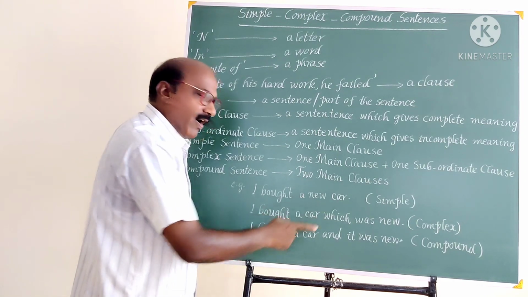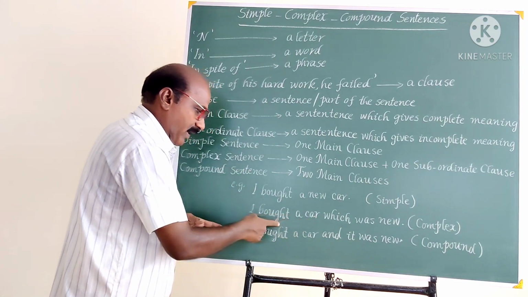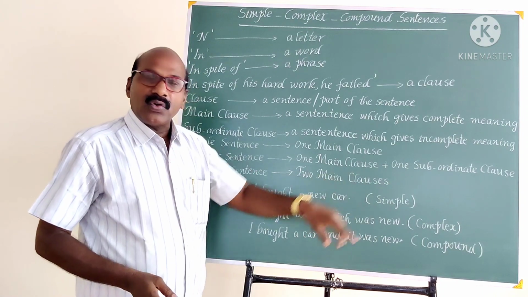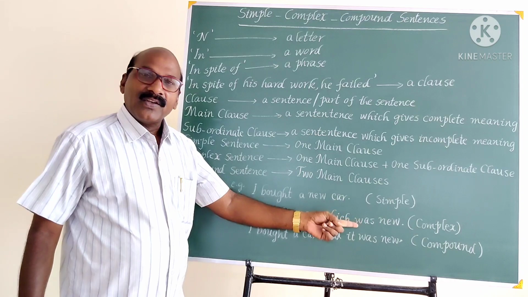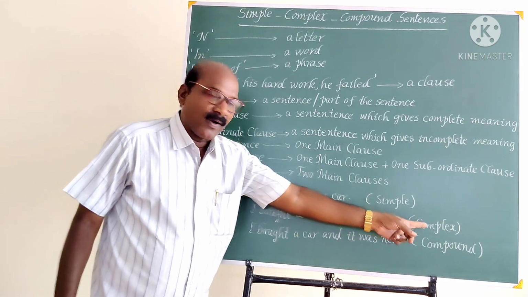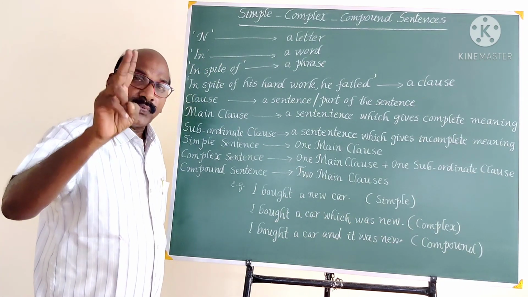See, I bought a car. It gives complete meaning. This is the main clause, one main clause. Which was new. This is incomplete. So a combination of one main clause and one subordinate clause is said to be a complex sentence. There are two clauses. There are two finite verbs.